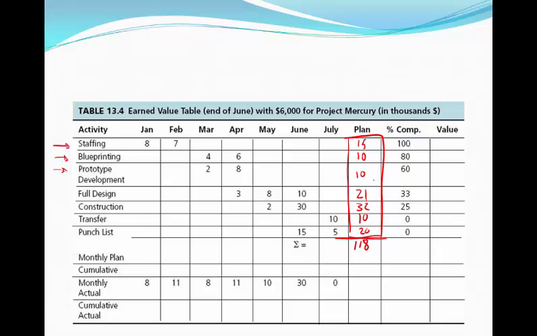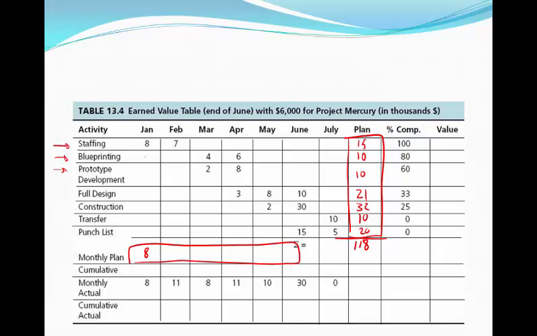Now the next thing we want to do is determine the cash flow on a monthly basis. So in order to do that, we'll look at our monthly plan, which is right here. For January, the plan is to spend $8,000.